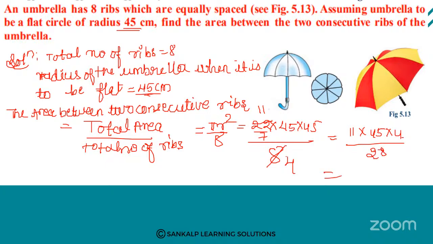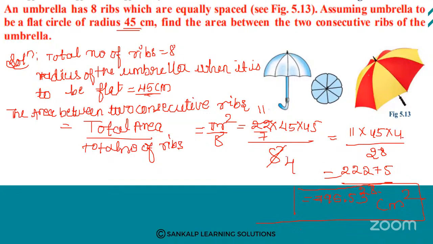Now, if you calculate all these values, then you will get 22,275 divided by 28, which is equal to 795.53 centimeter square.